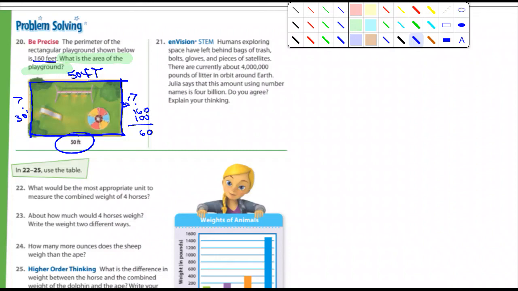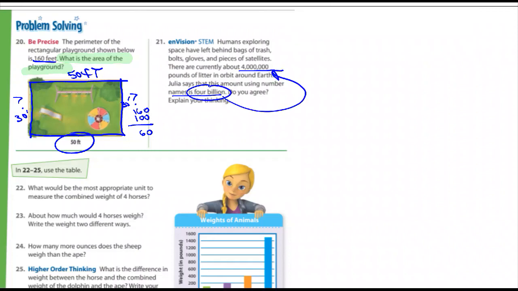There are currently about this many pounds of litter in orbit around the Earth. Julia says this amount, using number names, in other words, writing it down, is 4 billion. Do you agree? I'll let you answer that. In other words, they're asking, is that 4 billion, or is that a different number?